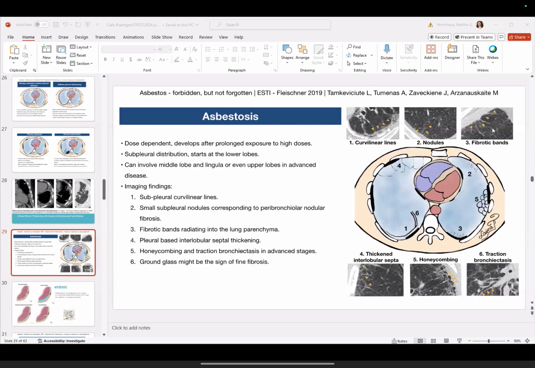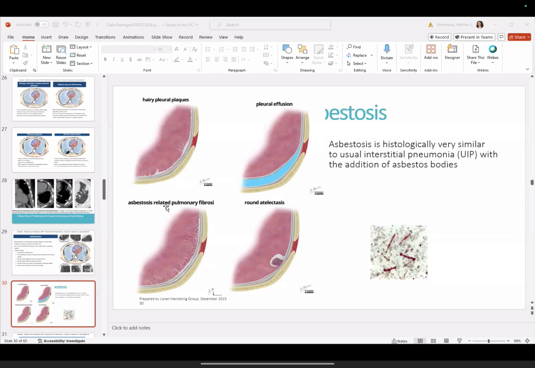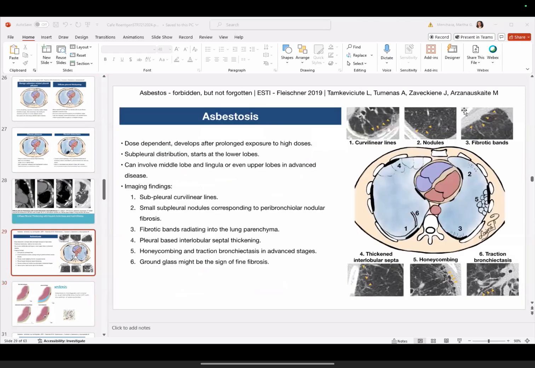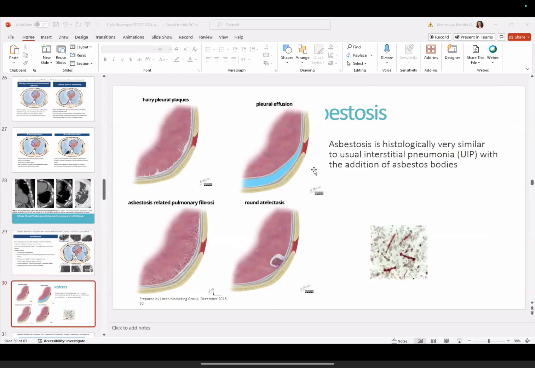Like here, fibrotic bands. These are much more prickly, more spiculated. And there's another one here. Fibrotic bands here, as you can see, are linear. They look like they're emanating, like caterpillar legs more so.